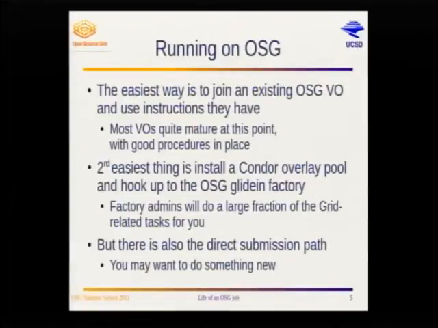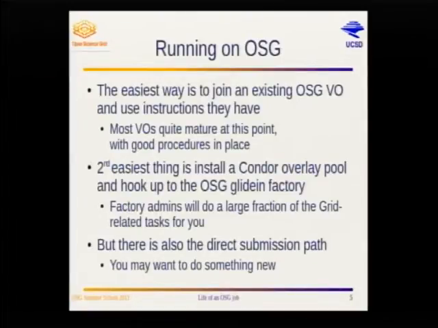Second easiest thing, if you cannot do that, and I suppose quite a bit of you cannot do that, is to get going with an overlay pool, possibly the glideins, and talk to the OSG-provided gliding factory. This way, most of the grid is hidden from you. Not all of it, but a large fraction of it is hidden from you.